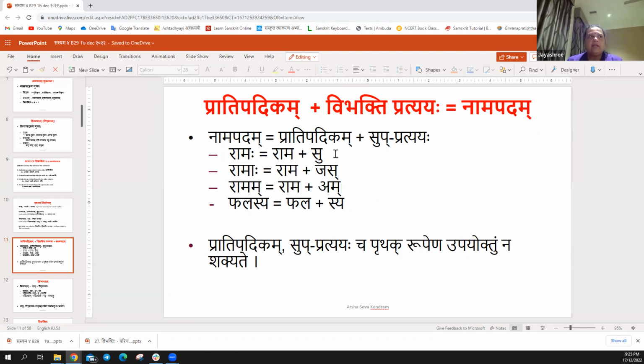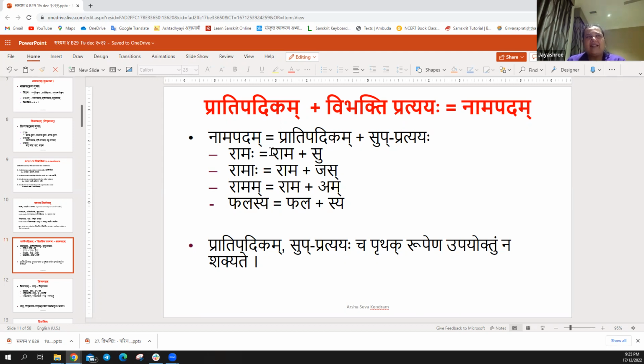All right. So Namapadam equals Pratipadikam plus Supratyaya. It's like maths, I'm going with plus. So the Pratipadika here is Rama. All right. Like what you said, Rama. And then Supratyaya, Su. If we put Su, it will be Ramaha.